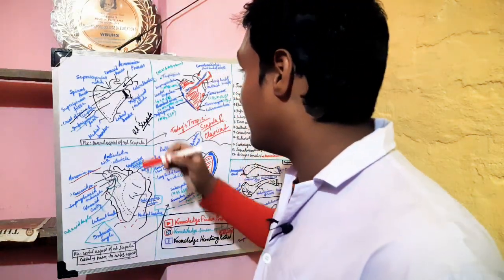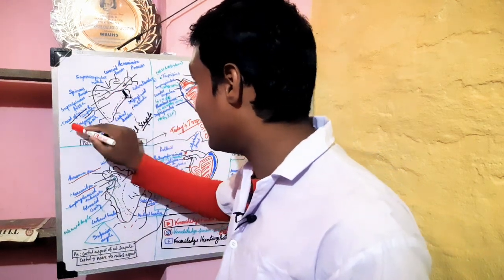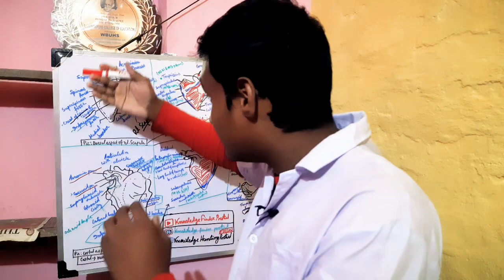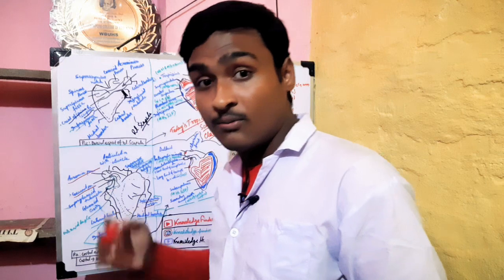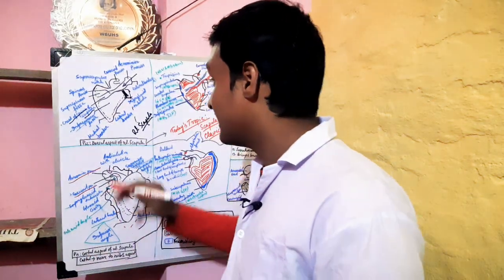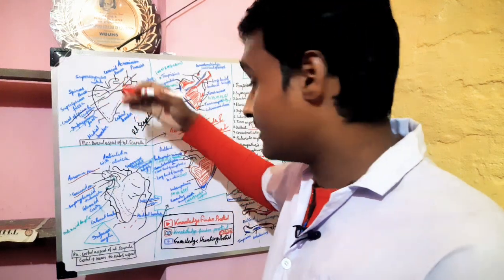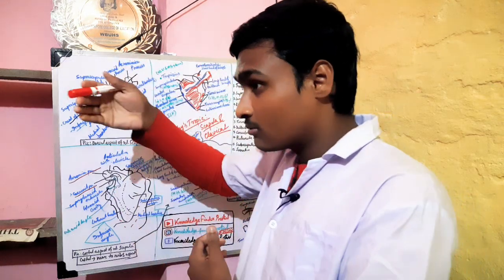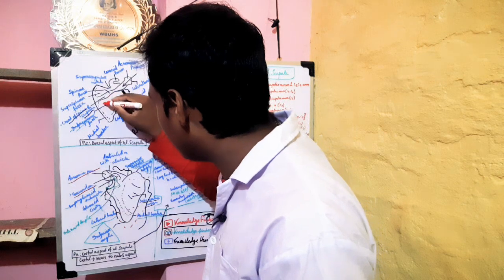Here is the spinous process, and this is the crest of the scapula. This is the supraspinous fossa. Fossa means a depression of a bone. This is the dorsal side of the scapula, with some convex structure. This is called the infraspinatus fossa.